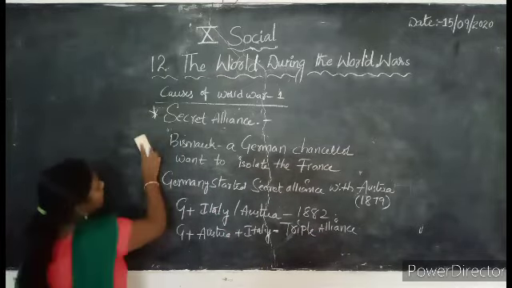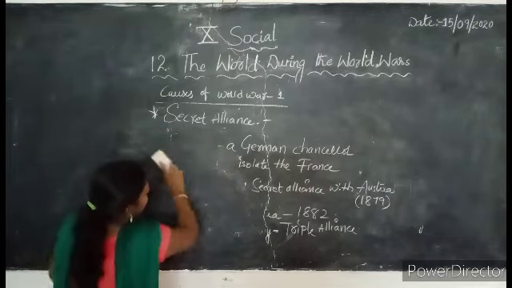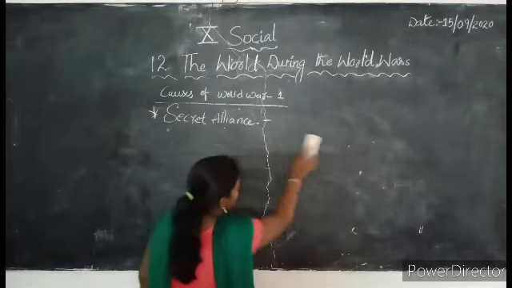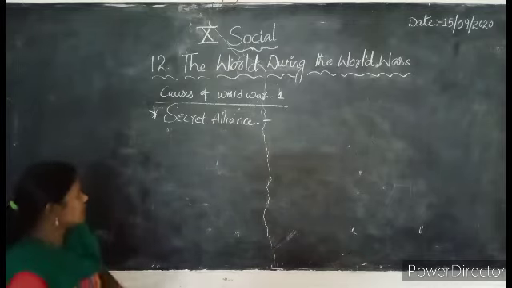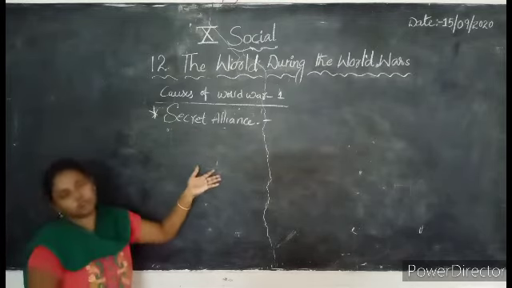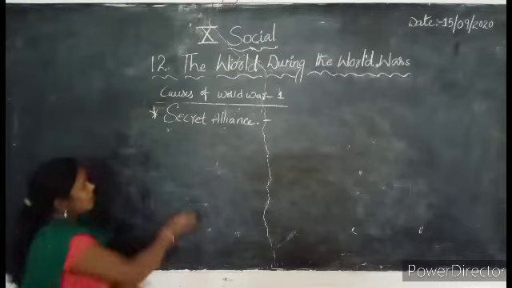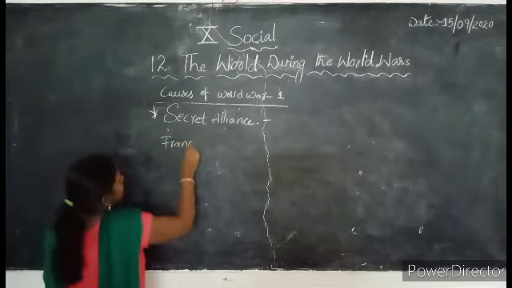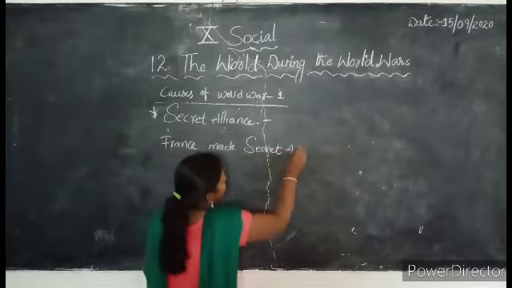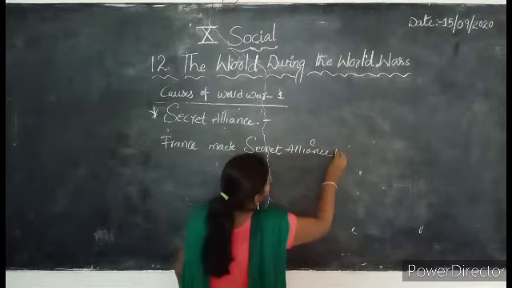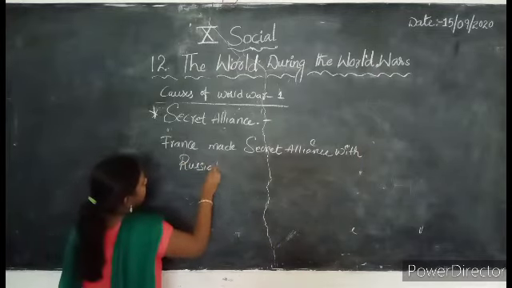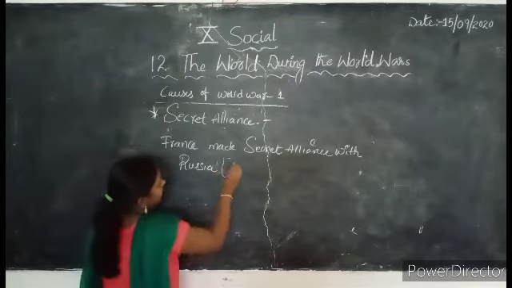In counter to this, France also started making alliances with other countries. Germany wanted to isolate France, so Germany made alliances with Austria and Italy. In counter to this action, France also made a secret alliance with Russia, in the year 1891.